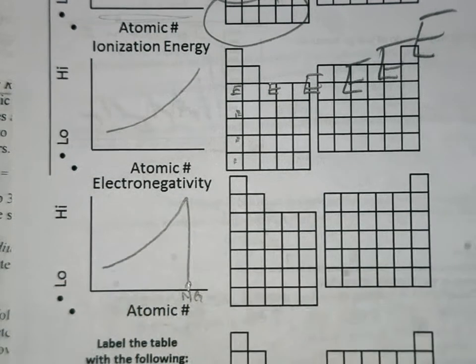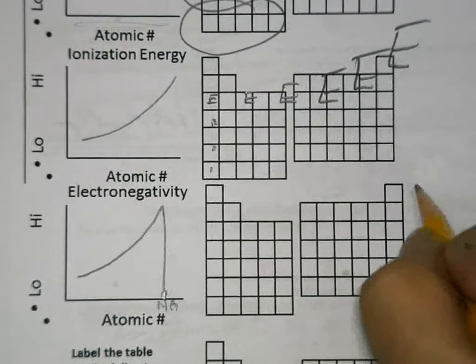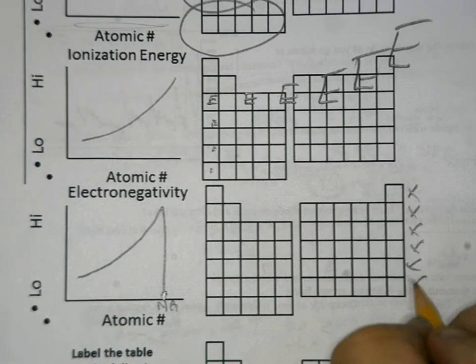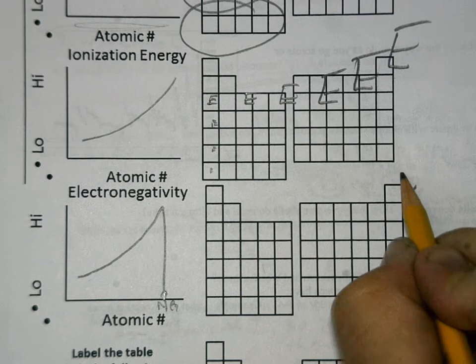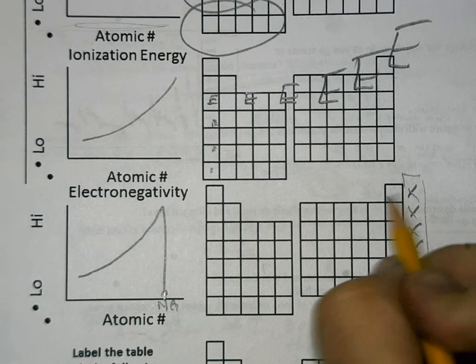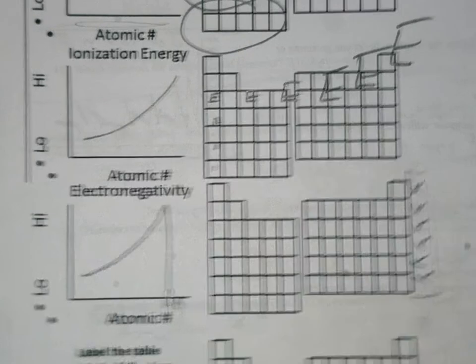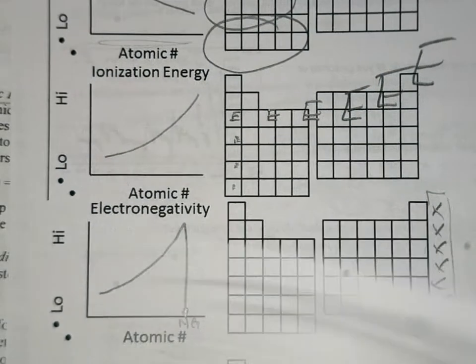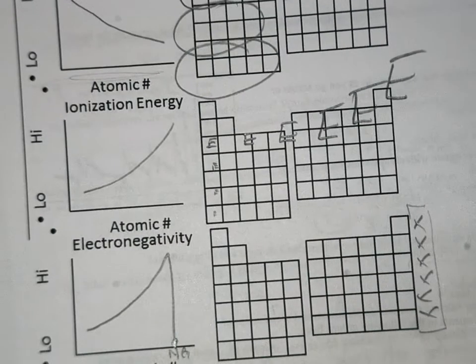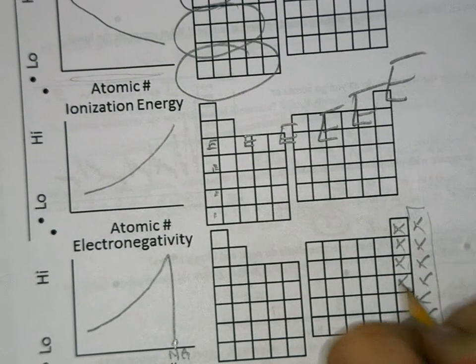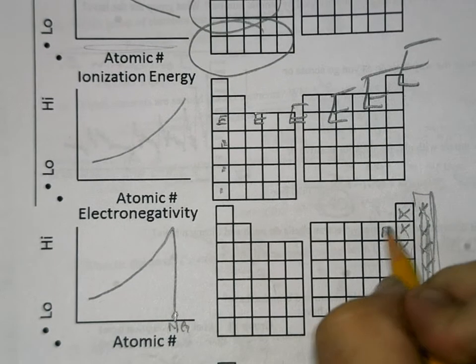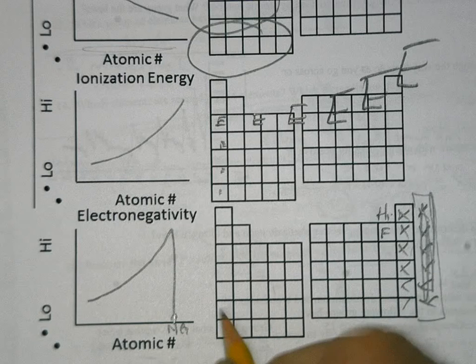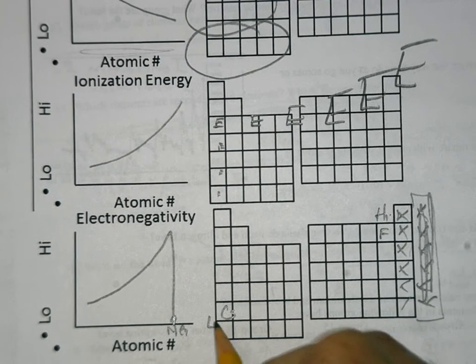Now, on this chart, I'm just going to put X's here just again to remind me that for electronegativity, the noble gases, which would be sticking up right over here, they don't have any. Fluorine, our friend fluorine, right there is going to have, actually I guess these would have been the noble gases. I guess I can cross those off. Sorry, don't be mad at me. So fluorine right here has the highest, and then down here cesium will have the lowest.